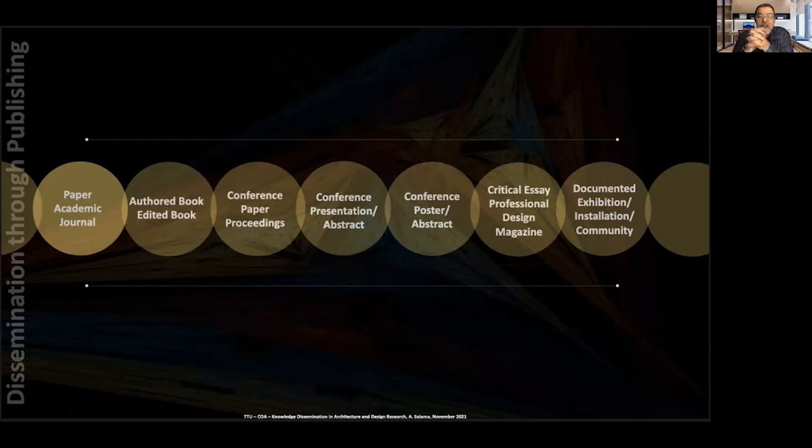Perhaps it would take really significant time to address all of these forms of outputs or dissemination separately. So I'm focusing here on academic journal papers, but probably subsequent discussions can take place to address other forms of dissemination.